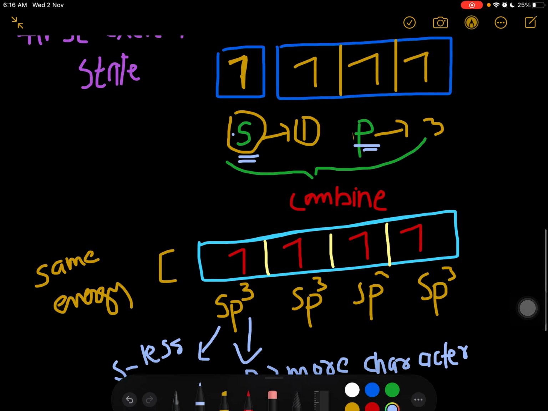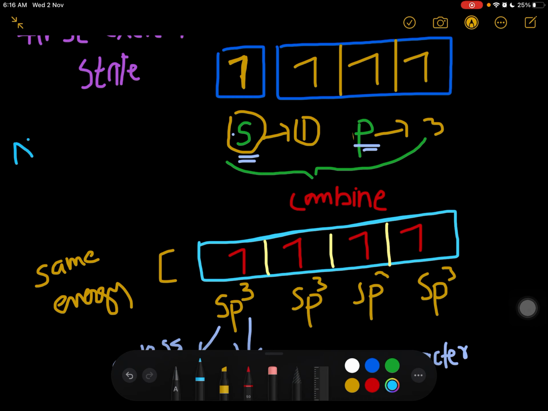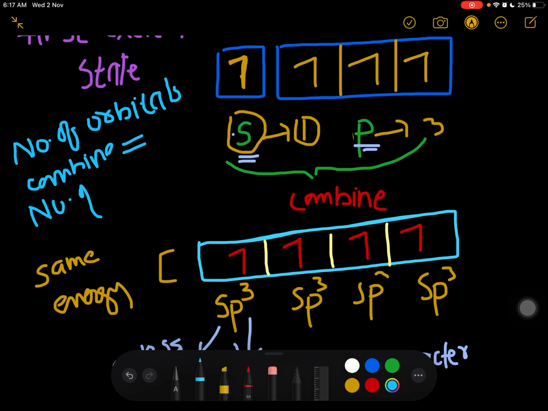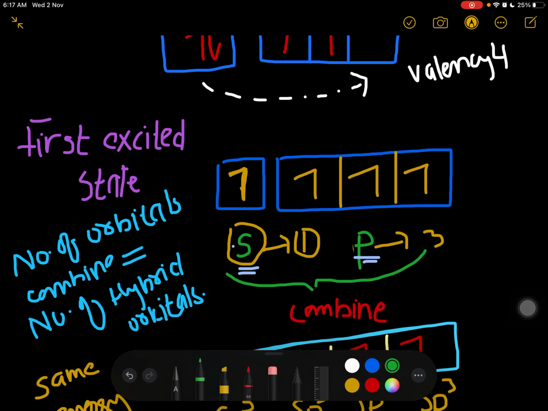Another thing to note here is that the number of orbitals combined is equal to the number of hybrid orbitals. What does that mean? How many orbitals were combined here? 4.